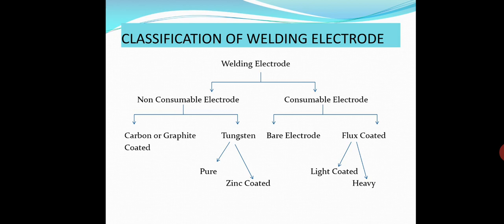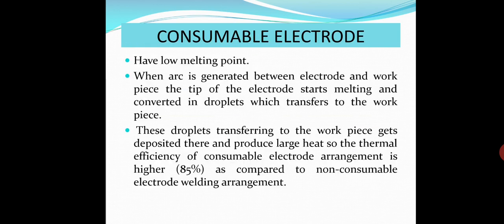Another one is tungsten electrode, which is either pure tungsten or zinc coated tungsten. A consumable electrode can be either a bare electrode or a flux coated electrode. Flux coated is again either light coated or heavy coated.